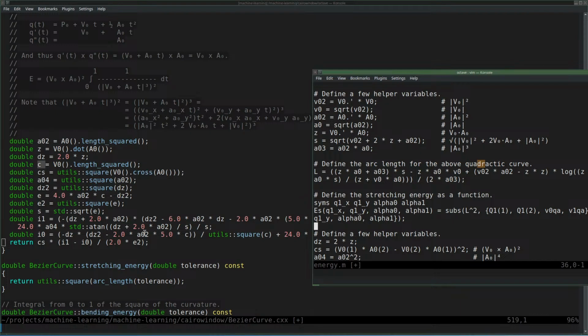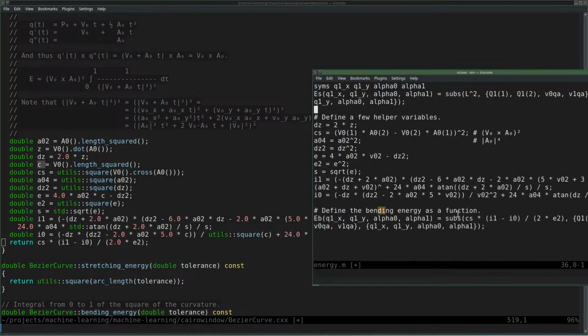For example, here I have some 2 times something times 5 times C. 2 times something times 5 times, yeah, V02. It all matches up.